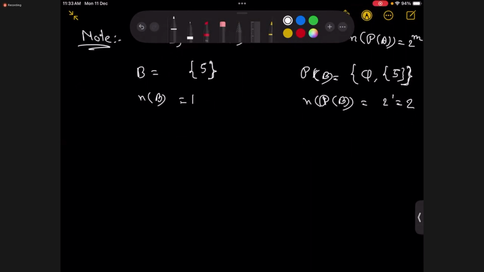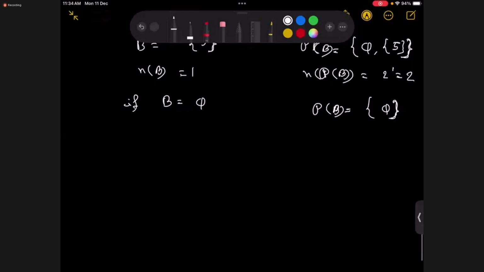If B equals phi itself, then what will be P of B? This is nothing but the element phi in brackets. See the difference between these two things.